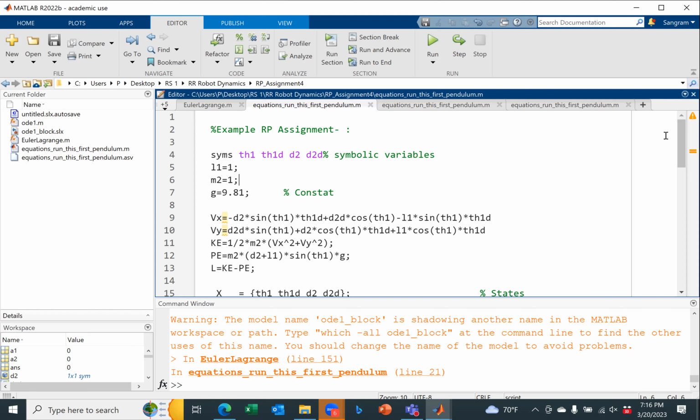But currently what I'm assuming is all the mass is located at the end. Now the question is, what happens if I have a mass somewhere here? When we are solving the homogeneous transformation, we are actually not trying to find the position of this mass.